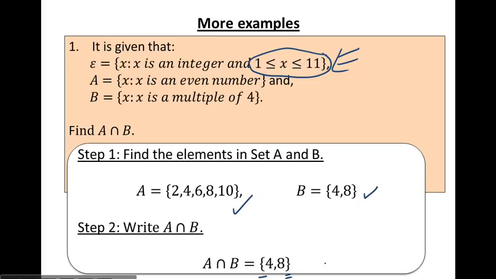If I were to ask you, what is the number of elements for A intersect B? Your answer, of course, will be 2.